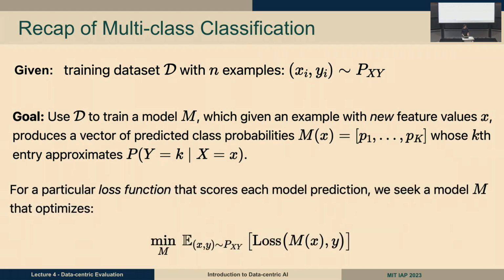And so critical to evaluating all this is the specification of a loss function that scores each prediction from the model. And in machine learning, there's a little bit of abuse of this term, in that loss function is used to refer to the thing that you're training your model with, like the objective function that you're doing optimization over to select model parameters, as well as the thing that you're using to evaluate predictions of your model on future test data or validation data.